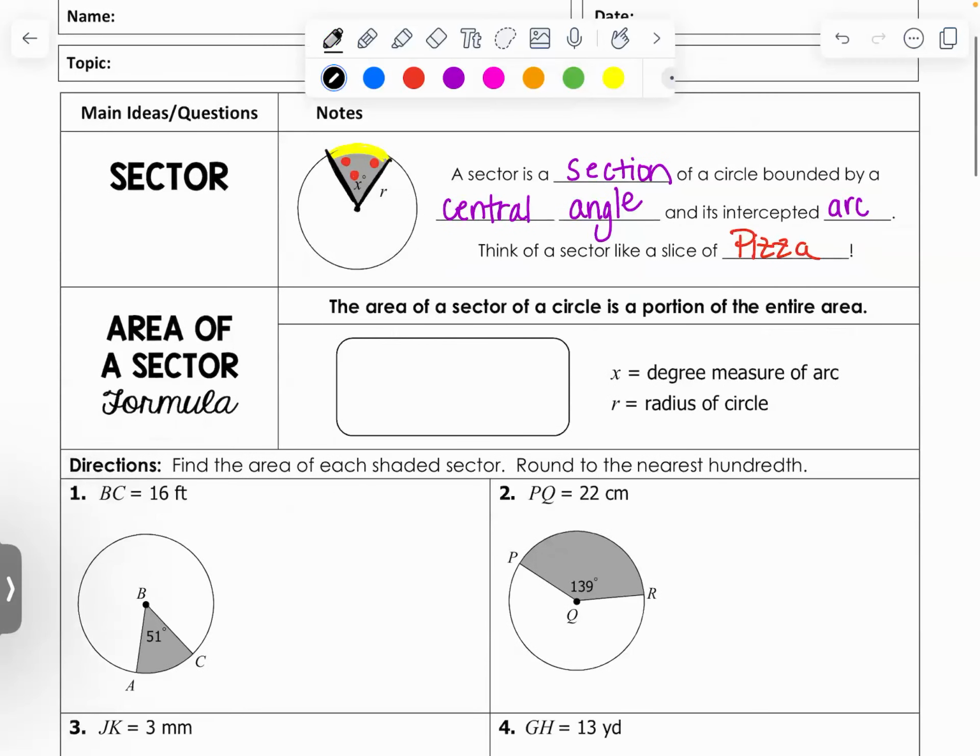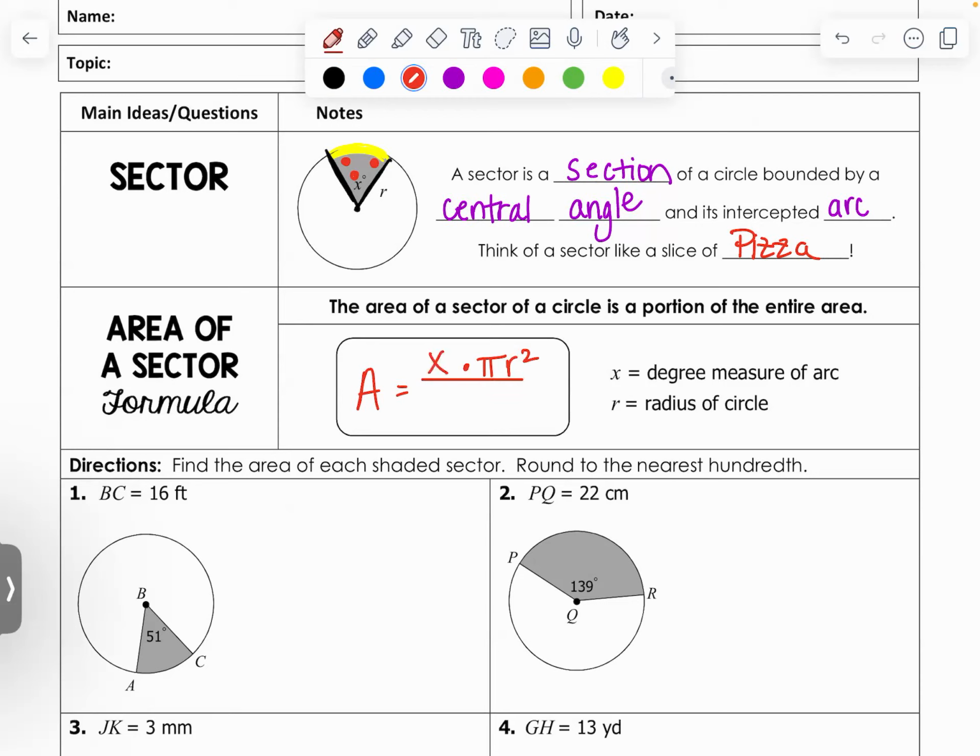Okay, so we know how to find the whole circle area, right? How do we find the whole circle area? Okay, pi times radius squared. So we're going to take pi times radius squared, and we're going to multiply it by essentially a fraction.